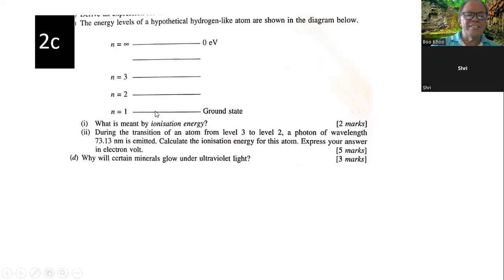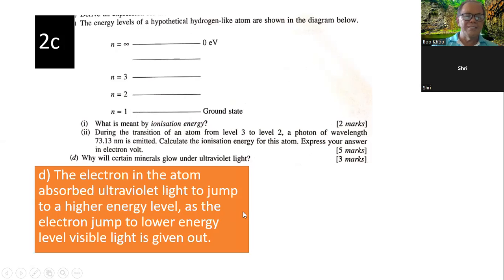Like this hydrogen atom, the minimum energy required is ultraviolet. So the ultraviolet depends on the energy. It can go to n=2, n=3, n=4. When the electron moves down, it doesn't go down to the ground state straight away. If it goes to the ground state straight away, it will be ultraviolet. So it can go to n=3 or n=2. That is where the second level is visible. That's your Balmer series. That's how you should explain.